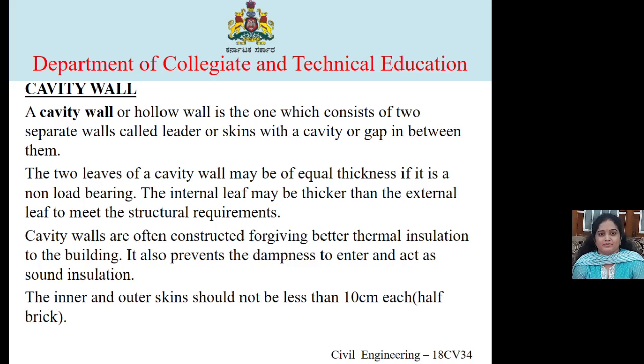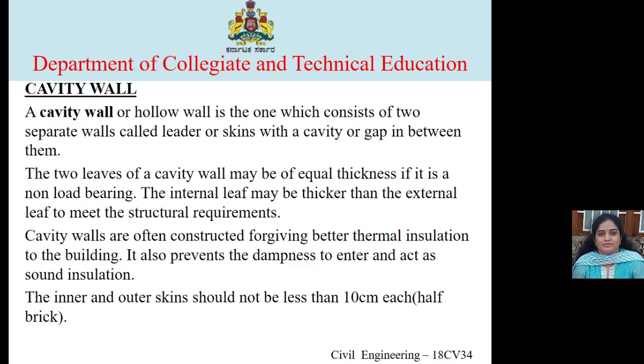The two leaves of a cavity wall may be of equal thickness if it is non-load bearing. The internal leaf may be thicker than the external leaf to meet the structural requirement, because it has to bear the load from the slab in a vertical direction.